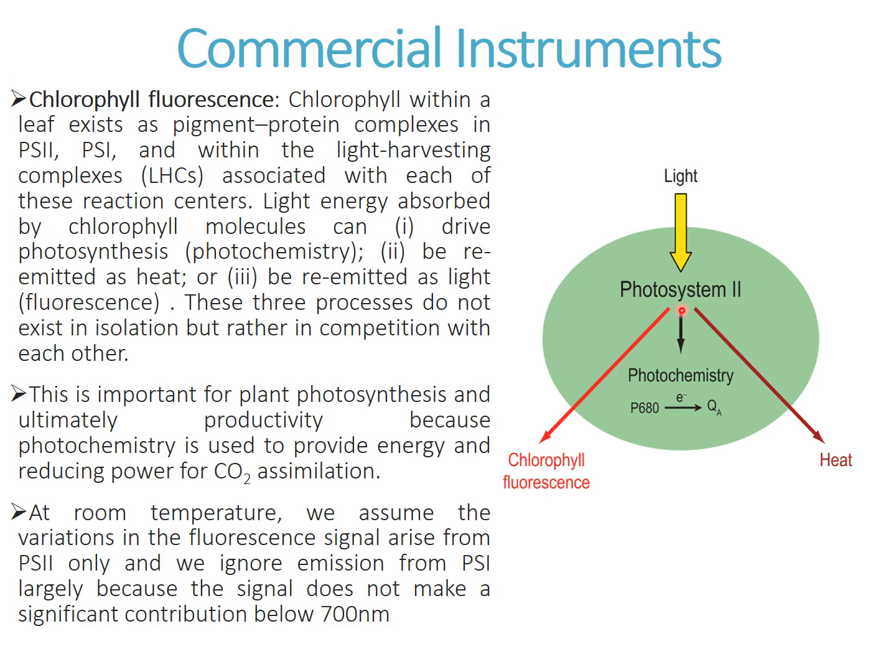One is the involvement of the energy in photochemistry, and this will be utilized for the photosynthesis process. Another way is the dissipation of the light energy in the form of heat, and the third way is the dissipation, or the wastage, you can say, of the light energy in the form of chlorophyll fluorescence. Of course, the three processes are competing with each other.